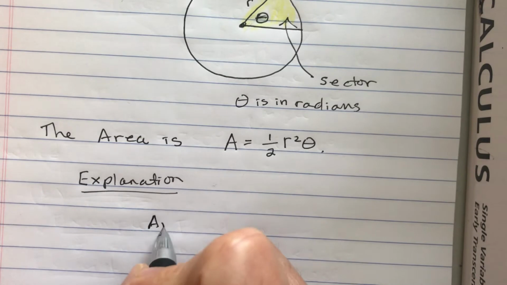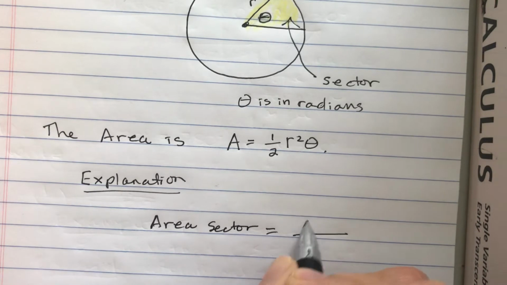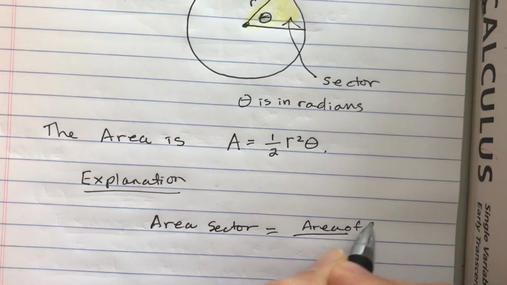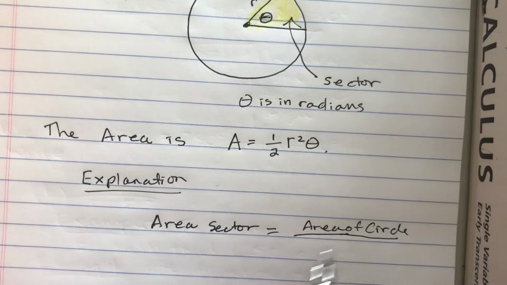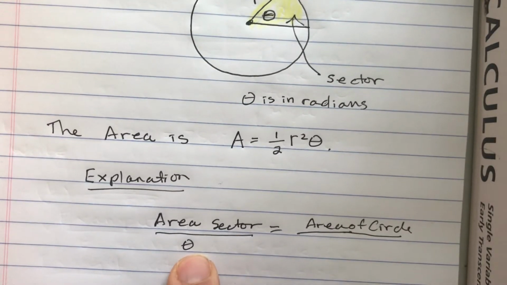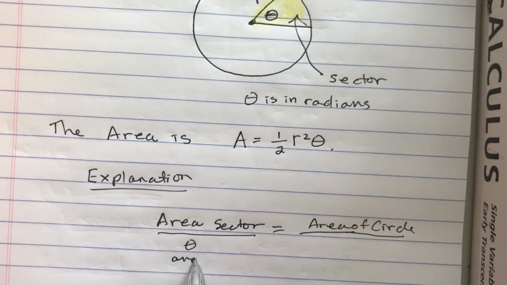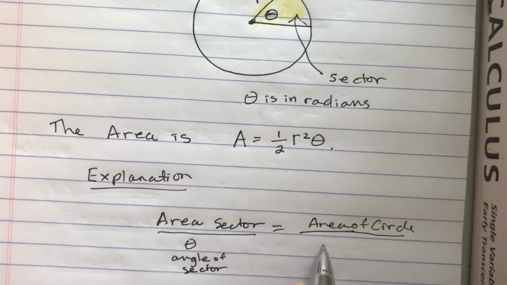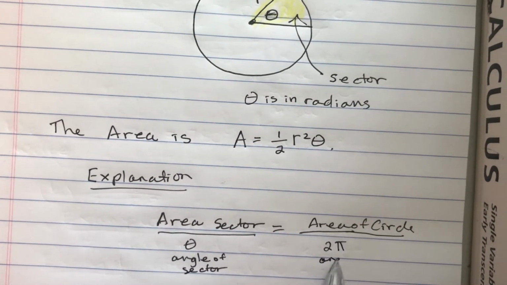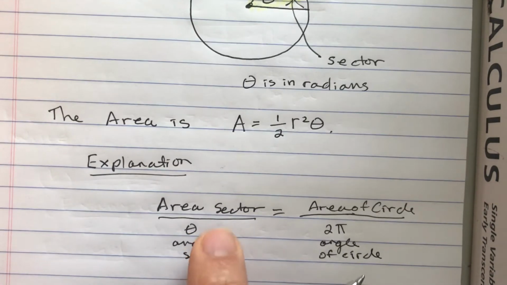You can do an explanation where you can say, here's the area of the sector, and you could look at the area of a circle. And you could look at this as related to theta, which is the angle measurement of the sector. And then you could look at 2 pi, which is the angle of the circle. So the proportions should be the same.